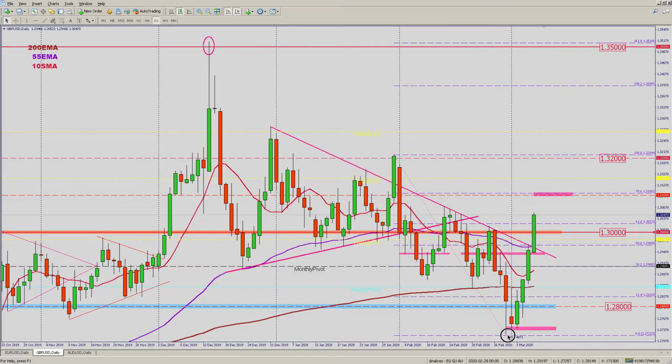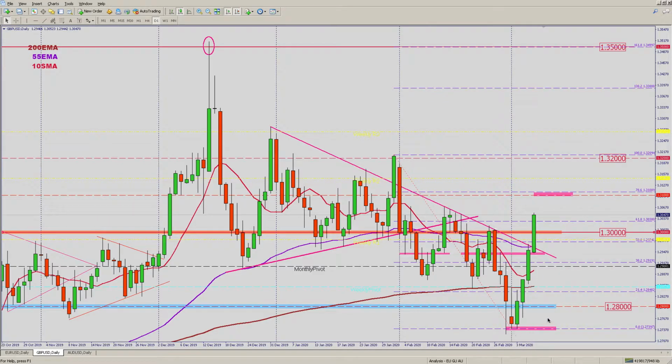But either way, for this coming week, there is GDP and manufacturing production figures on Wednesday. That's the only key news for this coming week. And the pound has also benefited from US dollar weakness.